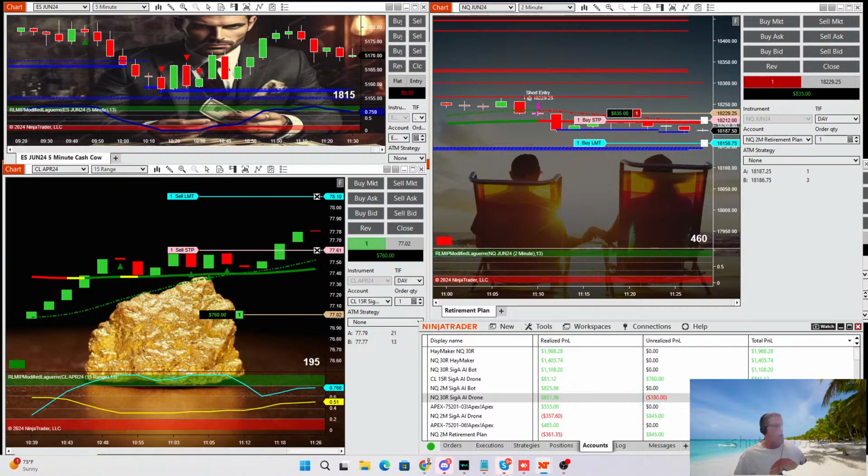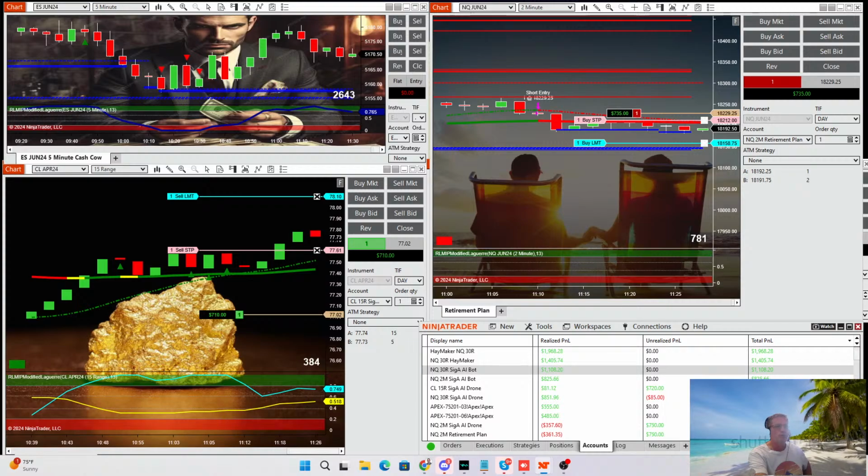So what that tells us is, since the drone is feeding the information to the bot on that signal A 30 range, it's optimized the stops and targets, and due to those changes, it's doing better by about $300 right now. So that's kind of working the way that we want it to.